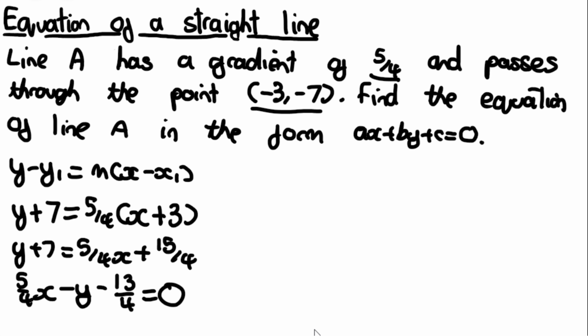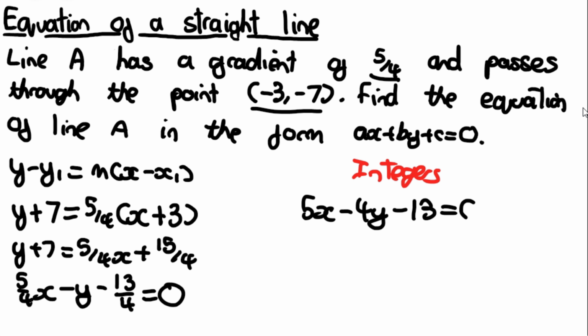Remember that we need to make all the numbers integers. So to do this, we can times everything by 4 to get 5x minus 4y minus 13 is equal to 0. Of course, you could put the minus in front of this like this, and it's still a valid answer.